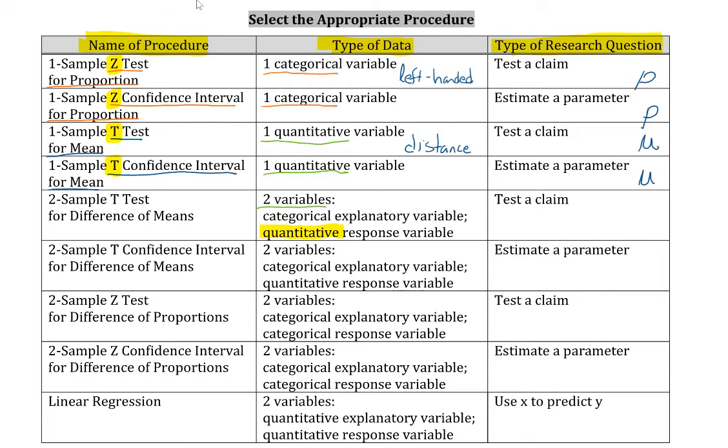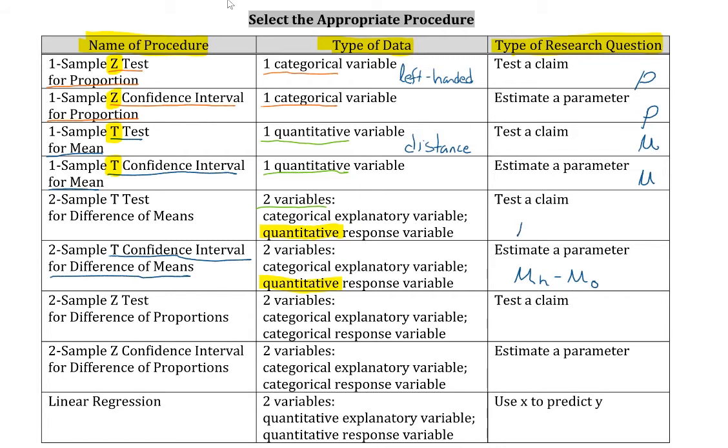So if you wanted to estimate the difference in the mean number of hours worked from home and the mean number of hours that you work from your office, this is when you would use a T confidence interval for the difference of means.